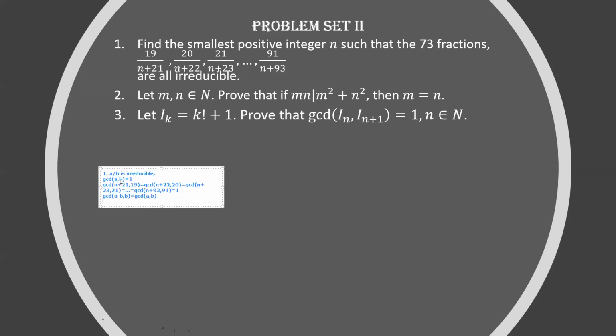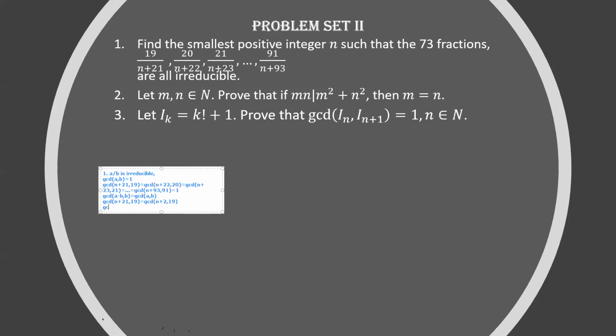You can assume, let GCD of A comma B equal to K, A equal to A1K and B equal to B1K, and you do some manipulations and finally you will get the answer. So now we have this property. It means that GCD of n plus 21 and 19 by our property is nothing but GCD of n plus 2 and 19.